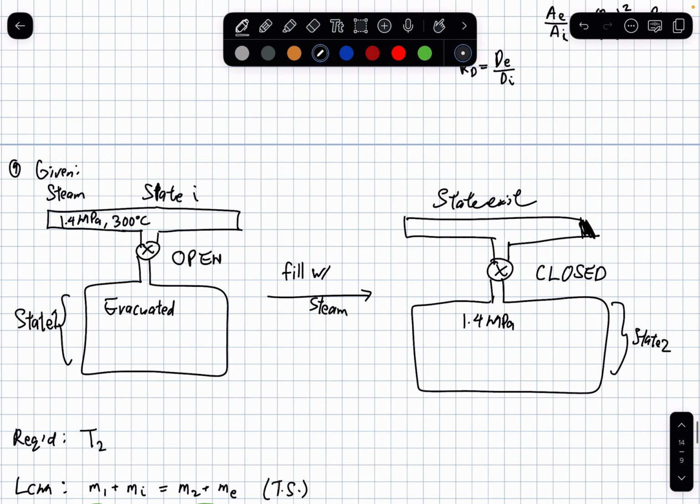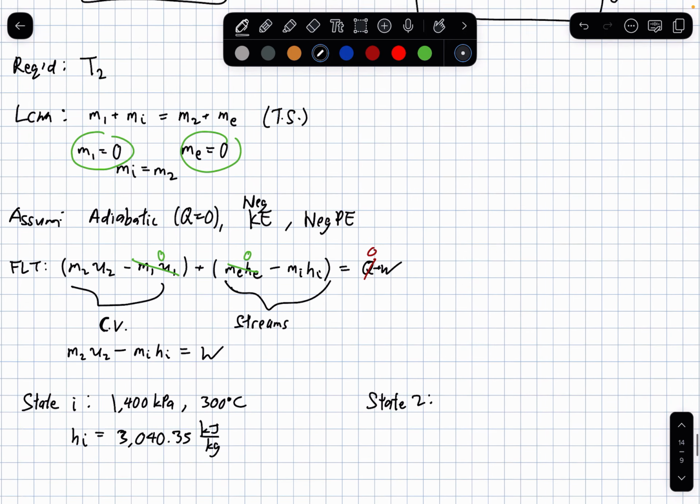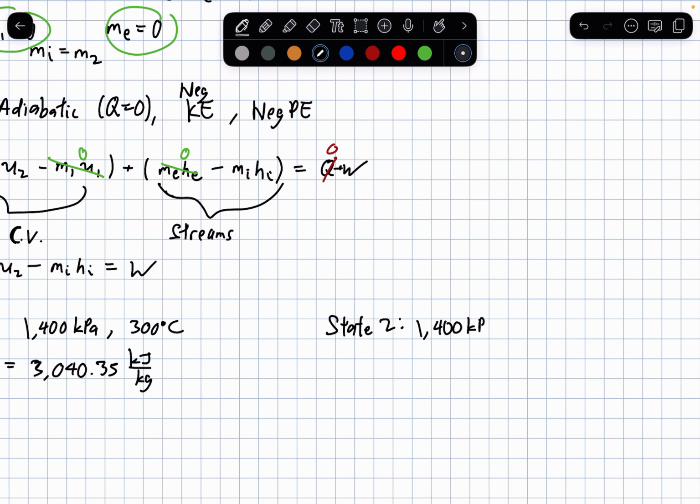This is steam, so we'll go back to water. State 2 is just 1400 kilopascal.